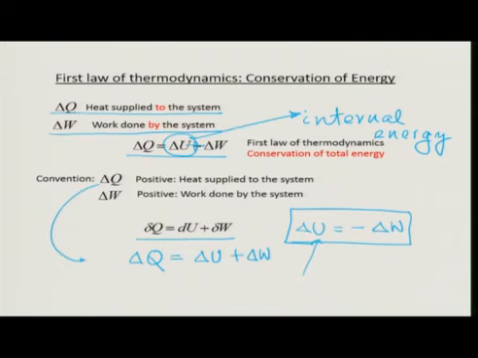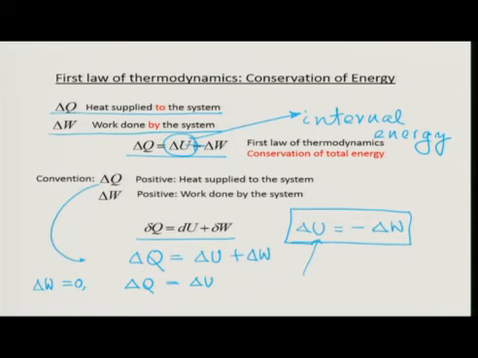Okay. The convention is delta Q is positive when heat is supplied to the system; when heat is extracted from the system, delta Q will be negative. If you set delta W equal to 0, delta Q is equal to delta U. So, whatever heat you supply to the system goes into increasing the internal energy of the system.